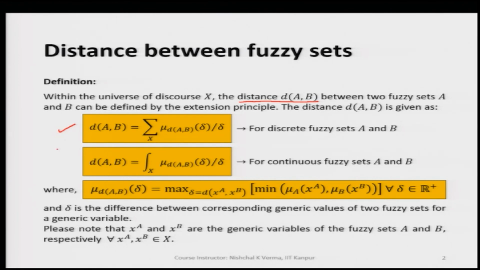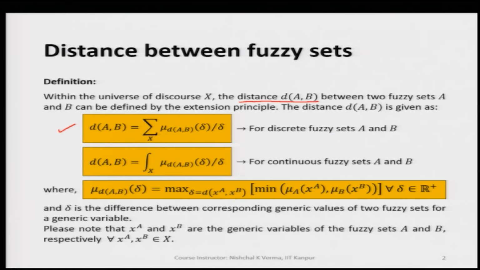As we all know, we represent the discrete fuzzy set by this representation. So, D(A, B) is equal to the sum over the universe of discourse X of mu_D(A,B)(delta) by delta. I will tell you what the delta is.